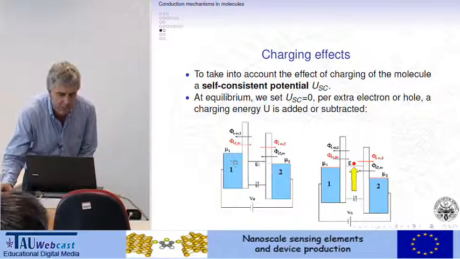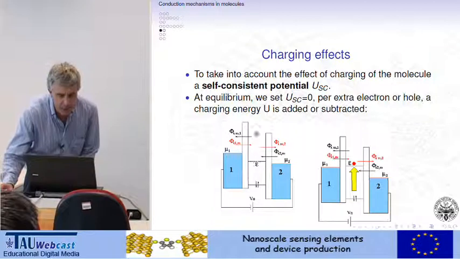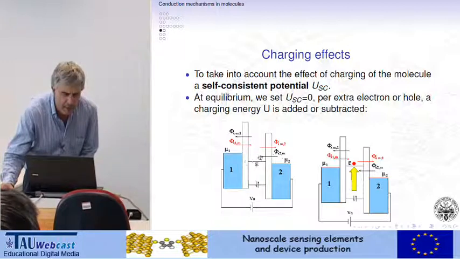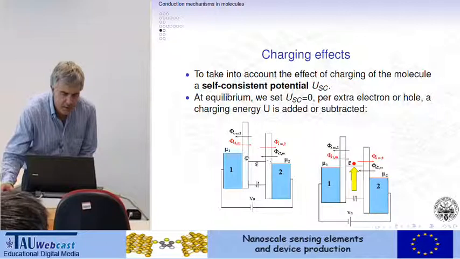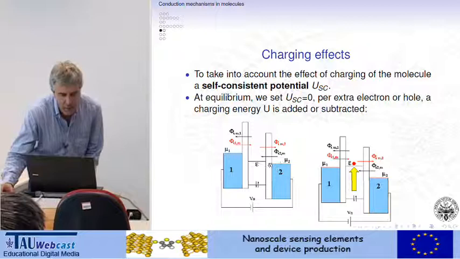If you remember, for thiophene, we used minus 1.47 electron volt. So now the system is this one. The idea is to put the molecular level at this point, and after that we consider how the electrons flow from the electrode 1 to the molecular level, and from the molecular level to electrode 2.